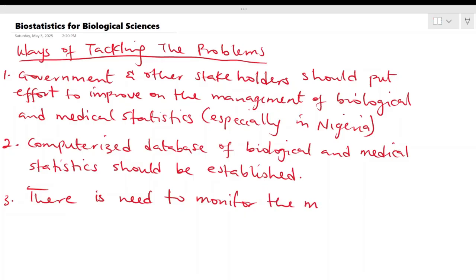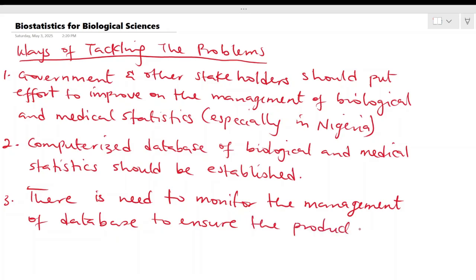Generally, monitoring of databases, data science, everything data is crucial in this critical sector. We need to monitor the management of these databases to ensure the production of reliable statistics.